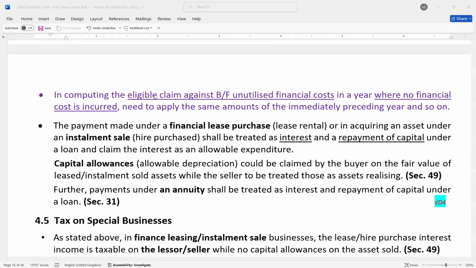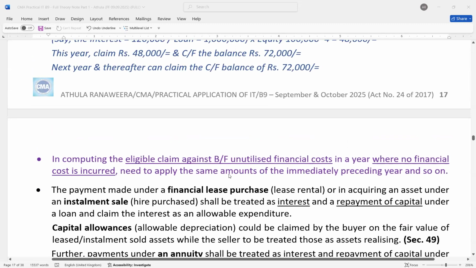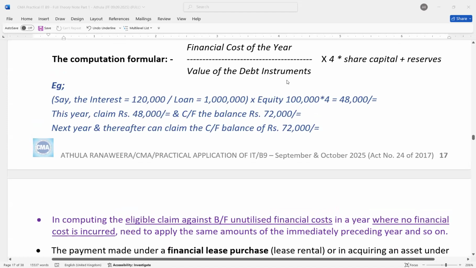Now we continue. In computing the eligible claim against the brought forward unutilized finance cost, in a year where no financial cost is incurred, we need to apply the same amounts of the immediately preceding year and so on. That means now in the second year, this 72,000 we carried forward. In next year when we are claiming, again we have to apply this formula on next year's data, subsequent year's data, and calculate what is the possible claim.